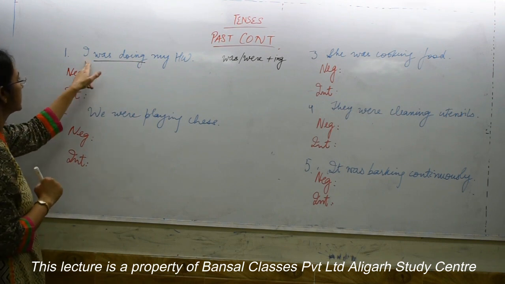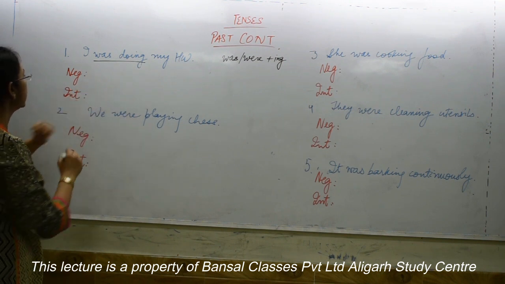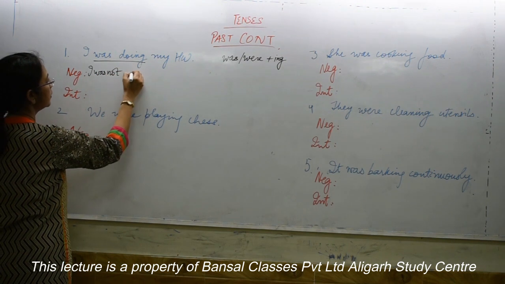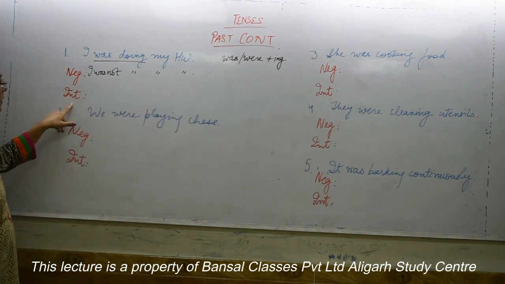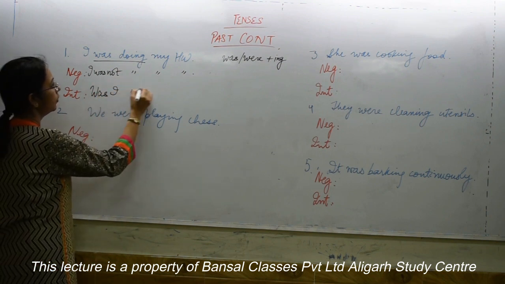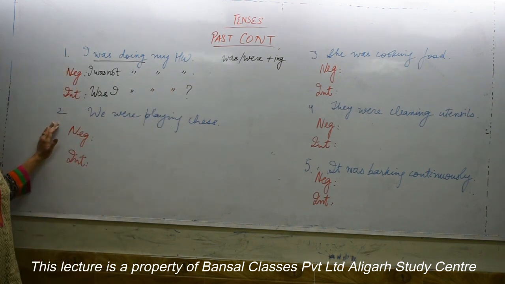So, was, plus the ing form, doing my homework. Negative, simply you have to put not. I was not doing my homework. Interrogative: was I doing my homework?